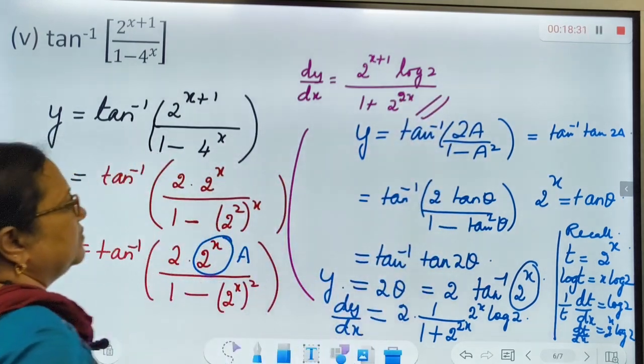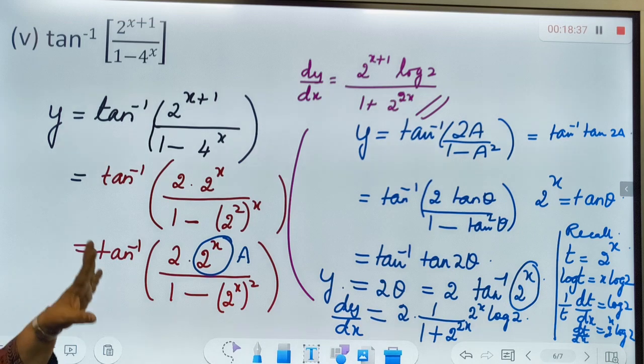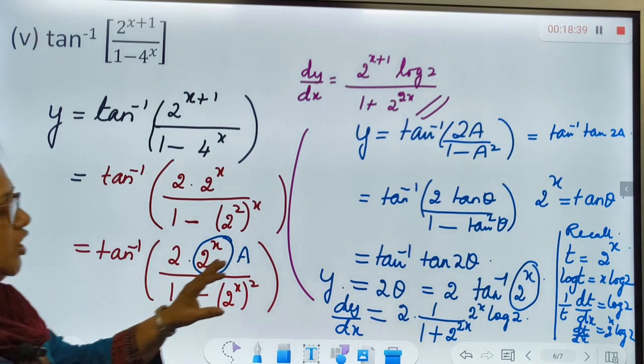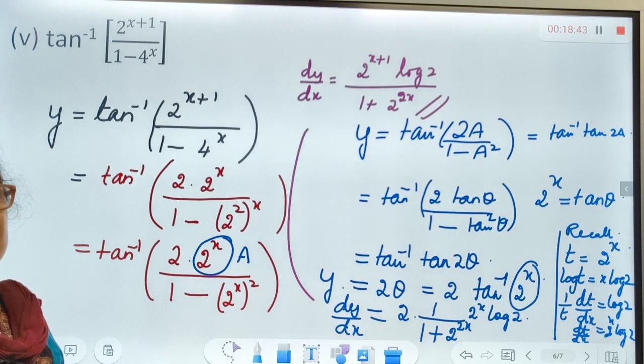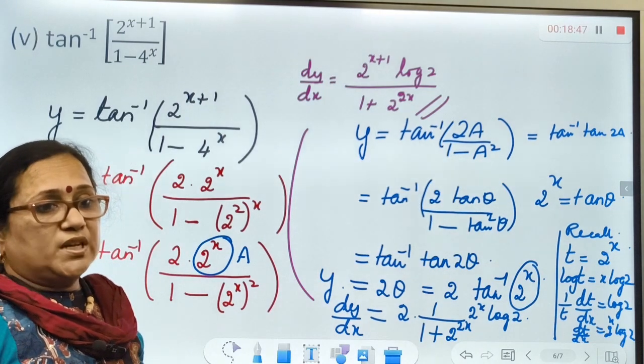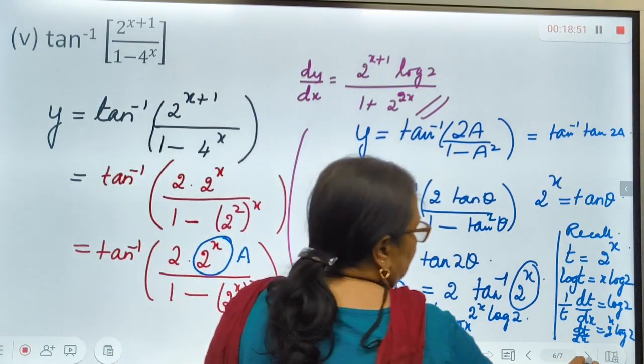This is the derivative, so this is the slope of the tangent to the curve at any point. Are you able to follow how we got it? So you must recall the earlier ways of simplifying differentiation that we have learned, using implicit forms as well as logarithmic differentiation.